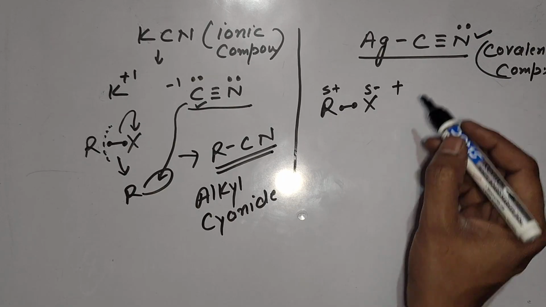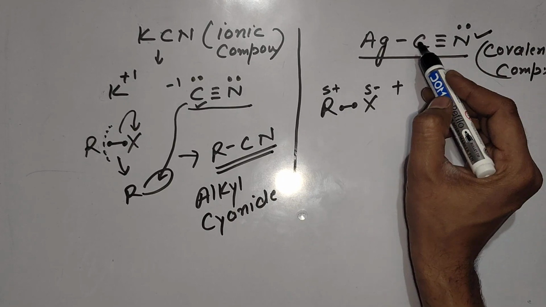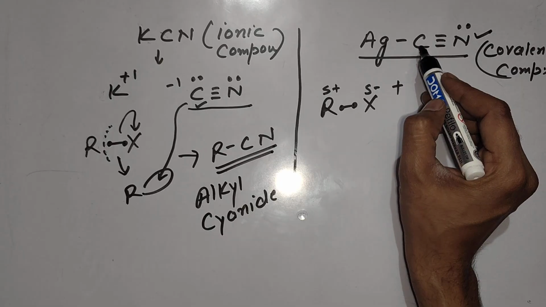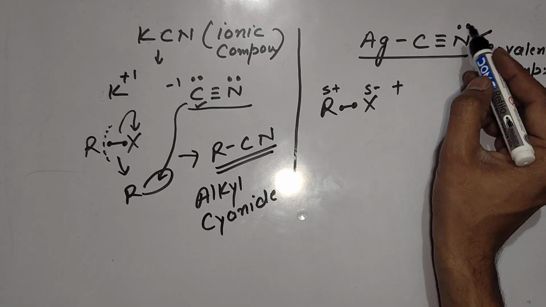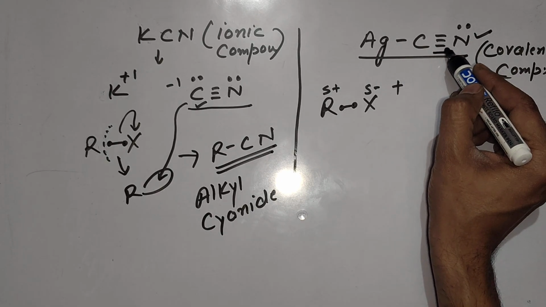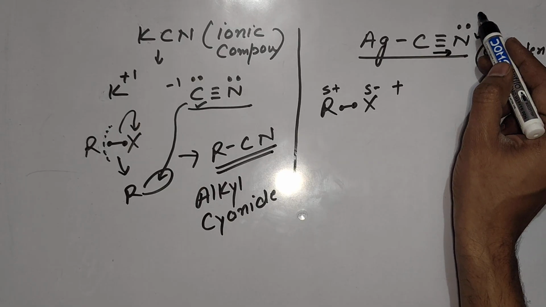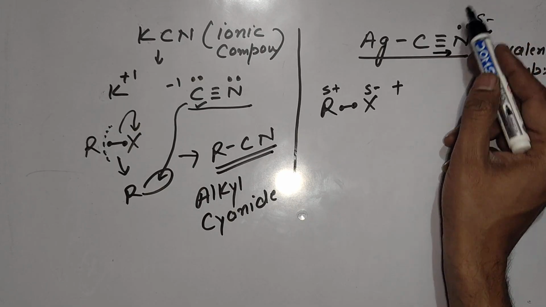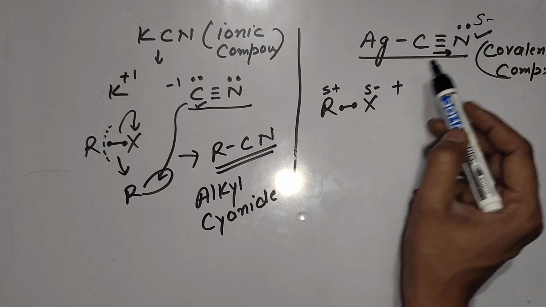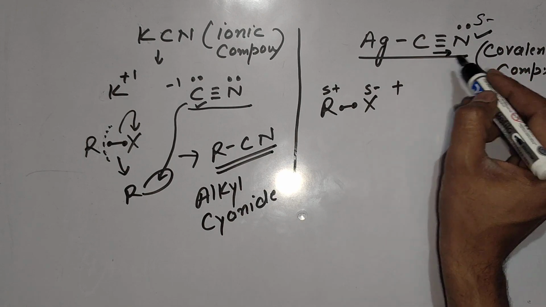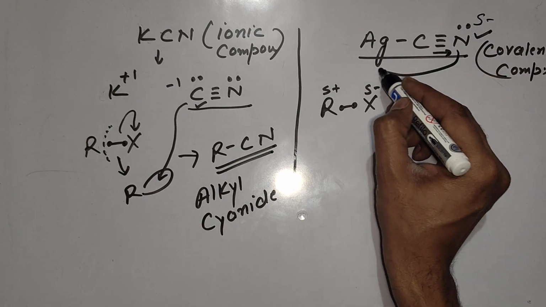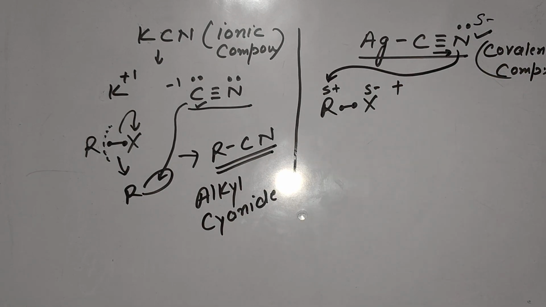Nitrogen. Nitrogen is carrying a lone pair. Carbon doesn't have any lone pair. Secondly, nitrogen electronegativity is more than carbon. So most of the electrons are toward nitrogen, due to which nitrogen has a partial negative charge. The negative particle can easily attack a positive particle. That's why in this case the bond generated will be through nitrogen.